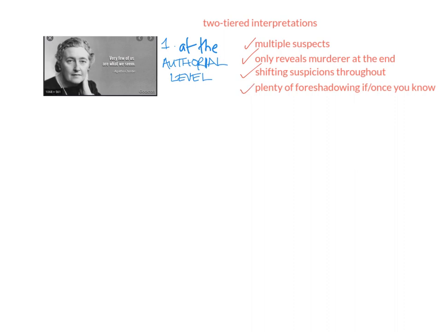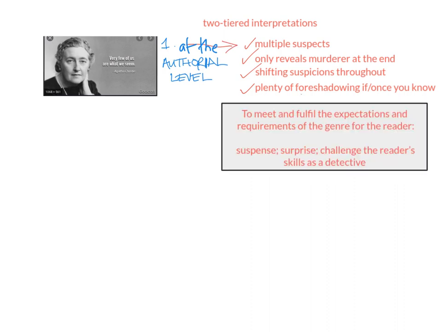Check. So Christie is in charge of all of that. Why? Well, to do what anyone reading this genre requires, the expectations of the genre, which is suspense, almost laying down that challenge to the reader and their detective skills.